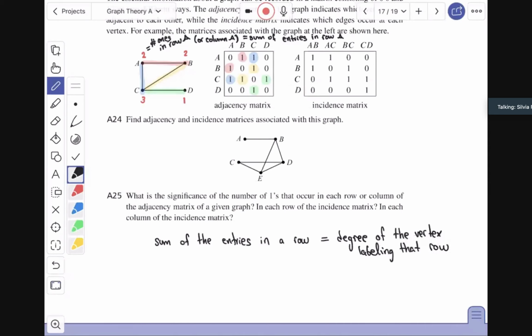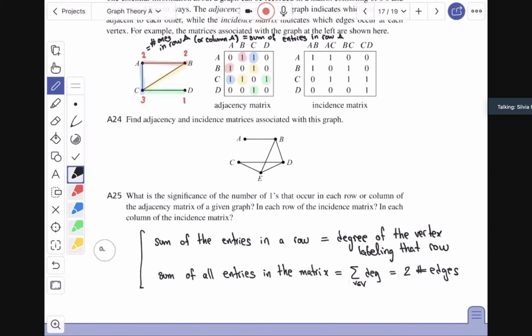And so the sum of all entries in the matrix is the sum of the degrees, which is twice the number of edges. So that's for the adjacency matrix.